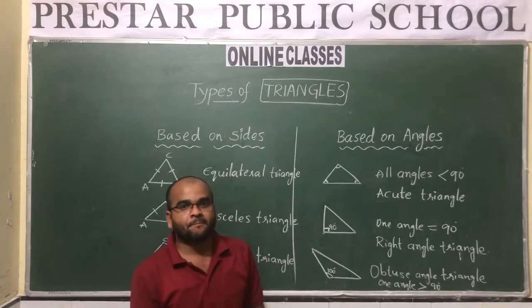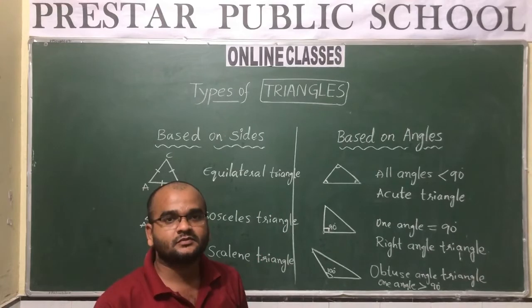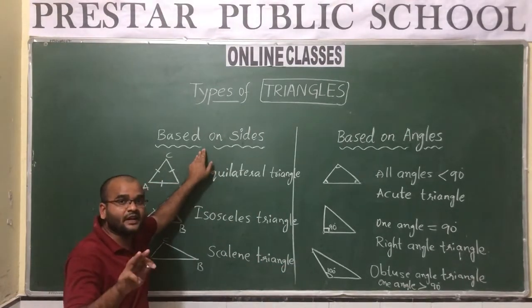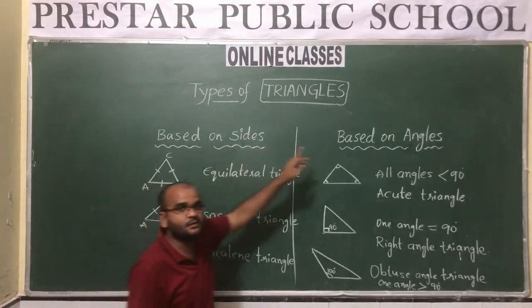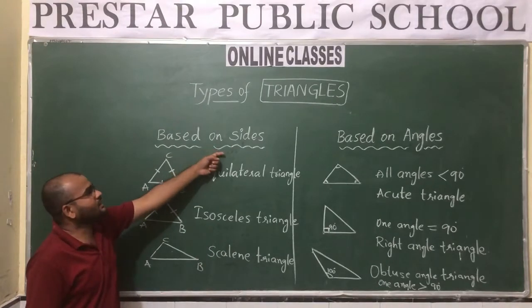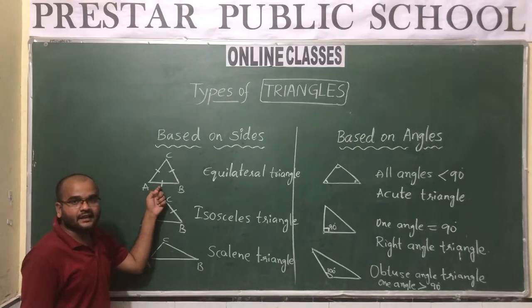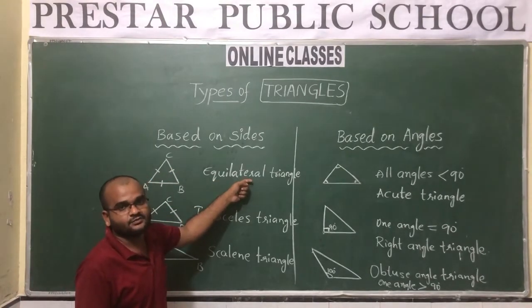Okay? Do you understand the different types of triangles? Once again I am repeating. Triangles are classified into different types based on sides and based on angles. First type, based on sides. If three sides are equal in a triangle, then the triangle is called an equilateral triangle.